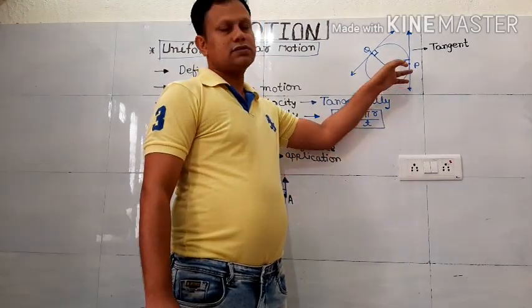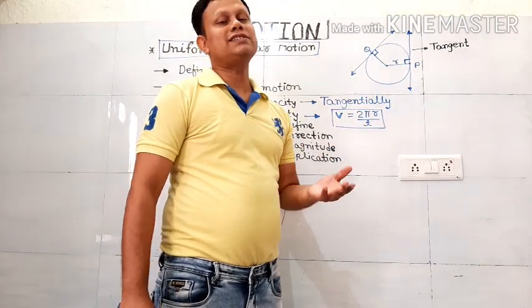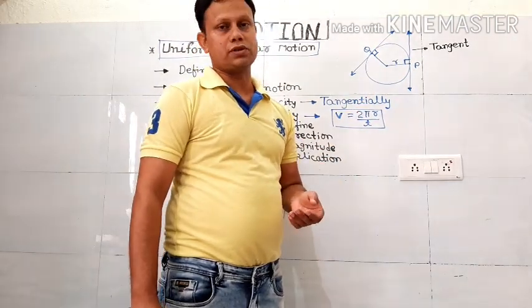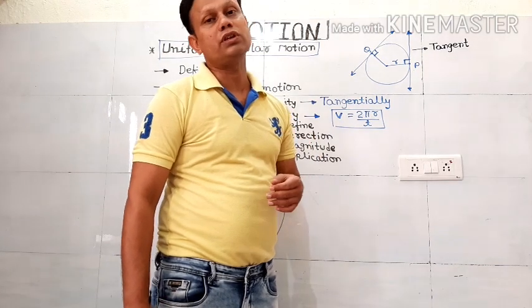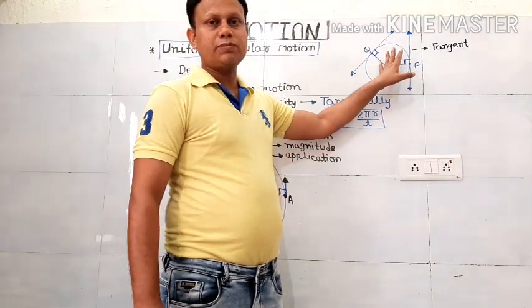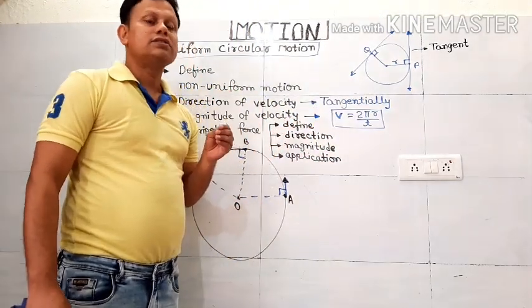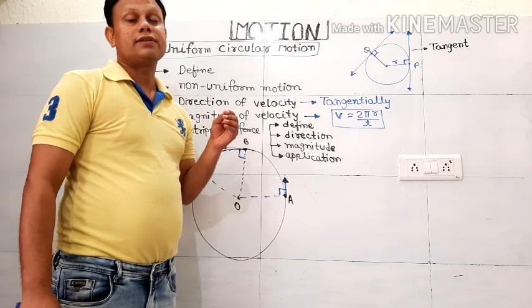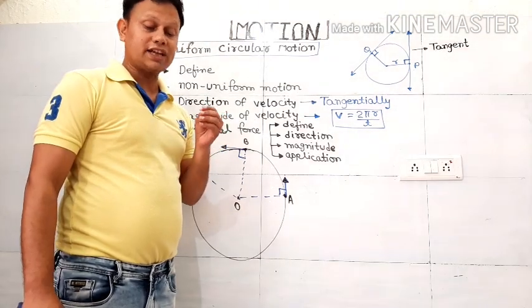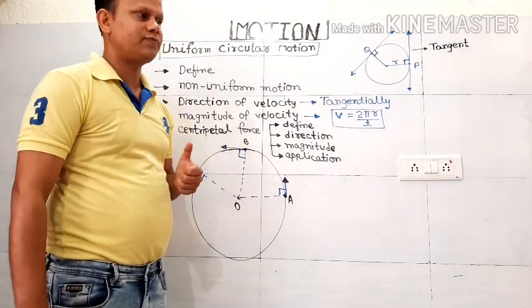So between radius and tangent a right angle is always observed. That means they are perpendicular to each other. Now this concept is going to be applied to understand the direction for the object moving on a circular path.